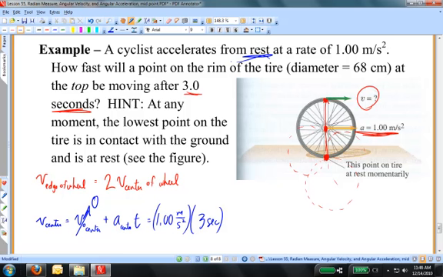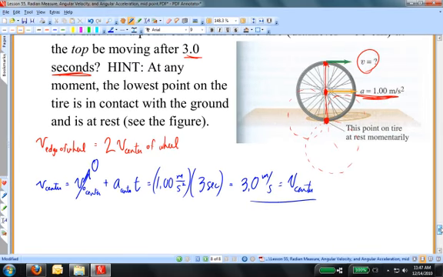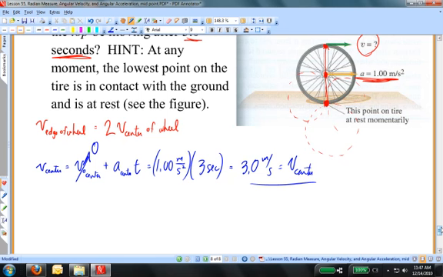And what I get is that the center of the wheel is going to be moving at 3 meters per second. Now what about the point that's at the edge of the wheel? Well, the edge of the wheel is twice as far from the point on the ground as the center of the wheel is, so the edge of the wheel is going to be moving at 6 meters per second.